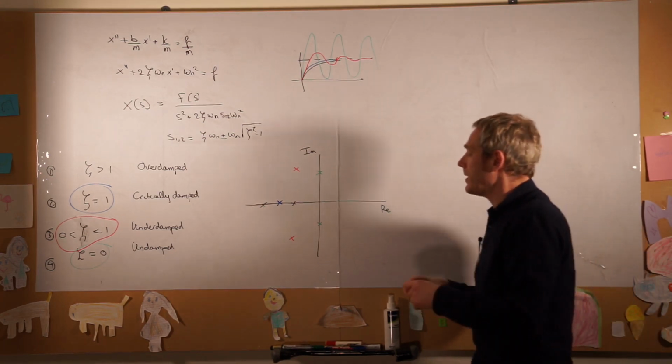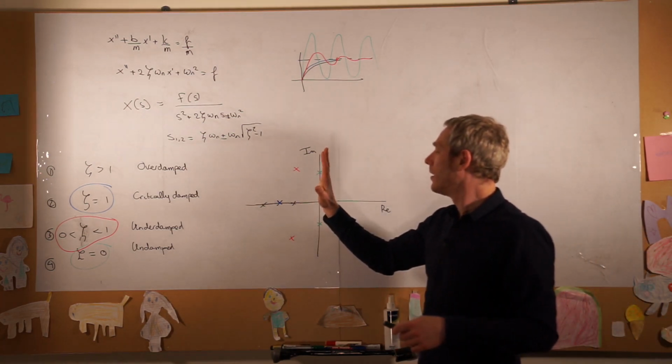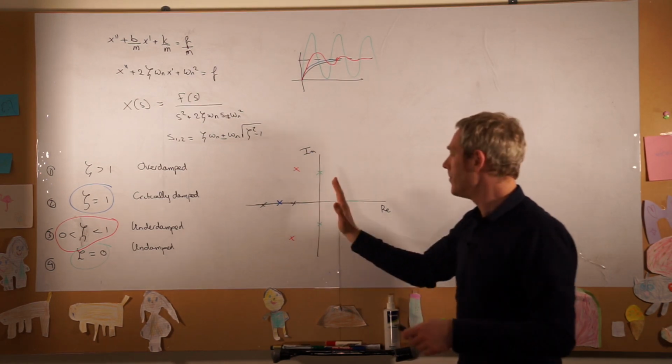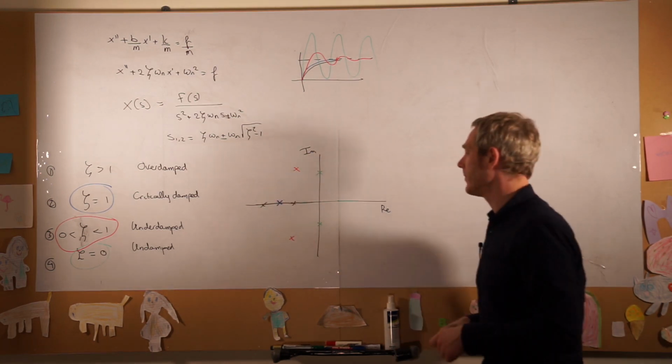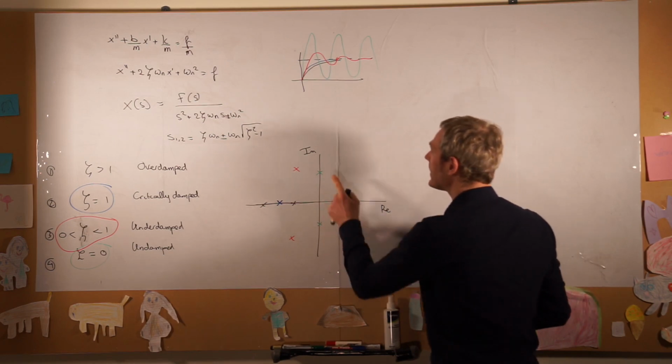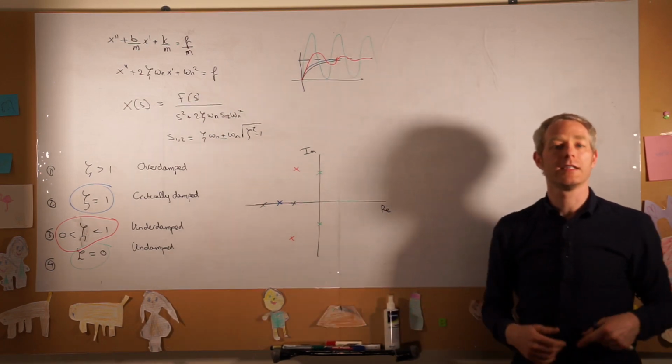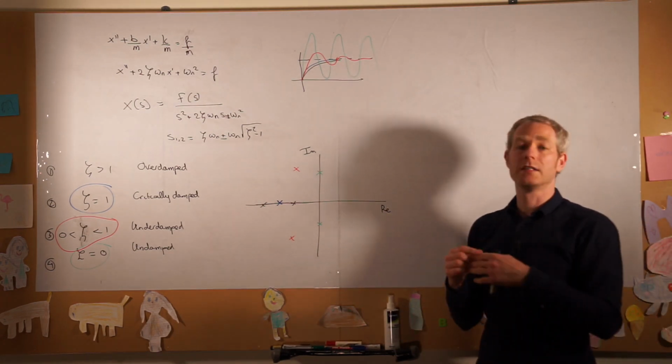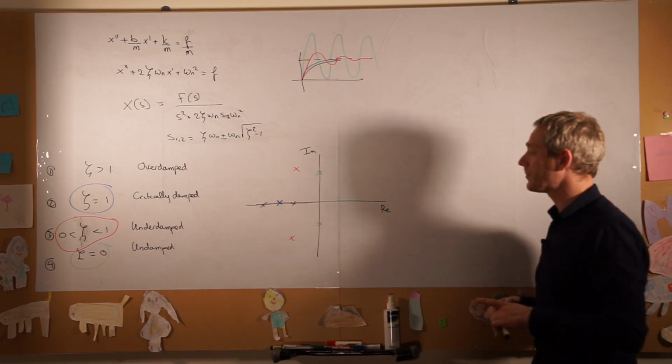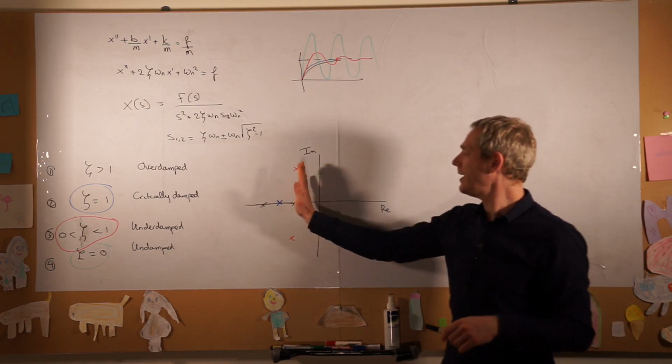Now that doesn't have to be the case. We've drawn our poles mainly in the left half plane, except for these. But we can see that the green system is not stable. It will not reach a certain limit over time. But everything here is stable.